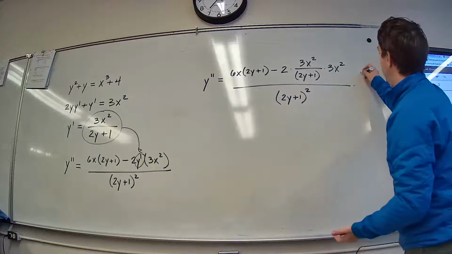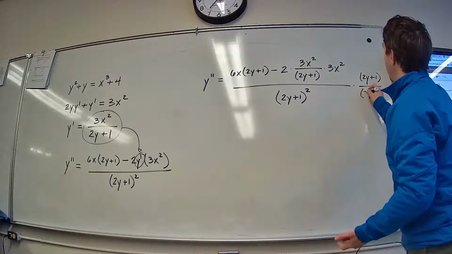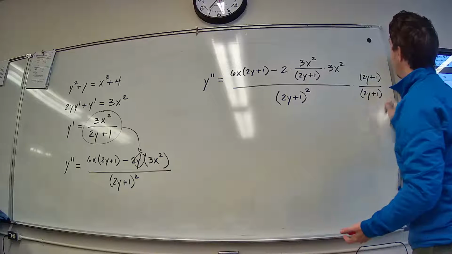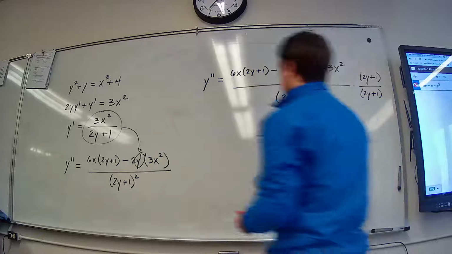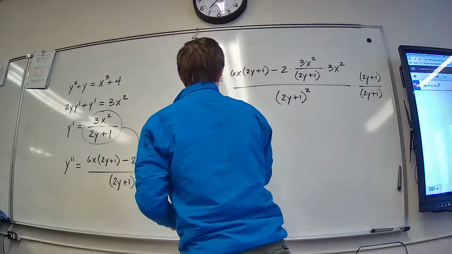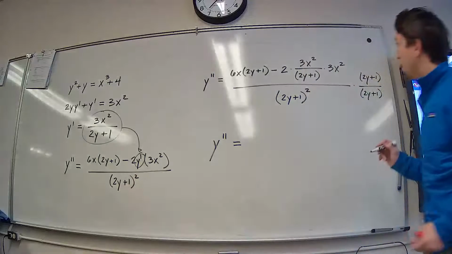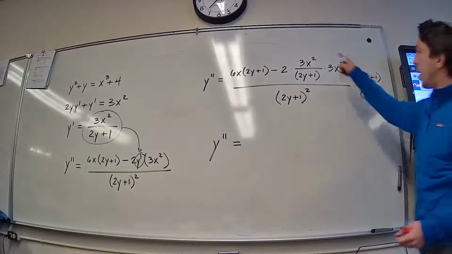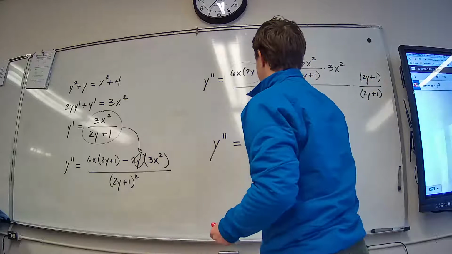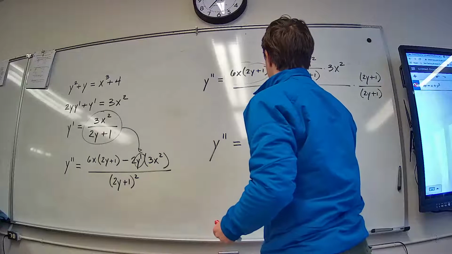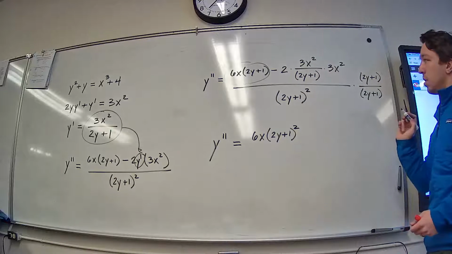You want to get rid of that, and so you're going to multiply by 2y plus 1 over 2y plus 1. So this times this would be 6x times 2y plus 1 squared, right?